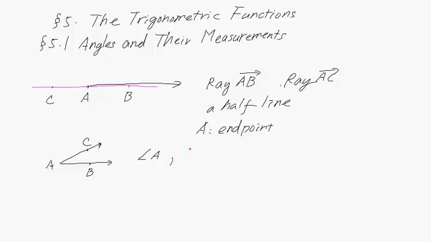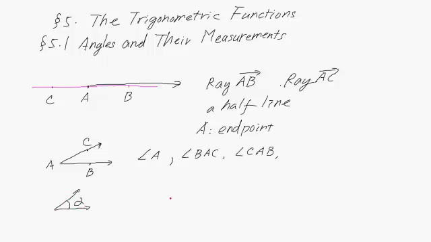Or we may say the angle BAC, or the angle CAB. So these are the several ways to call an angle. And sometimes we may just use a lowercase Greek letter to call an angle, say the angle alpha.